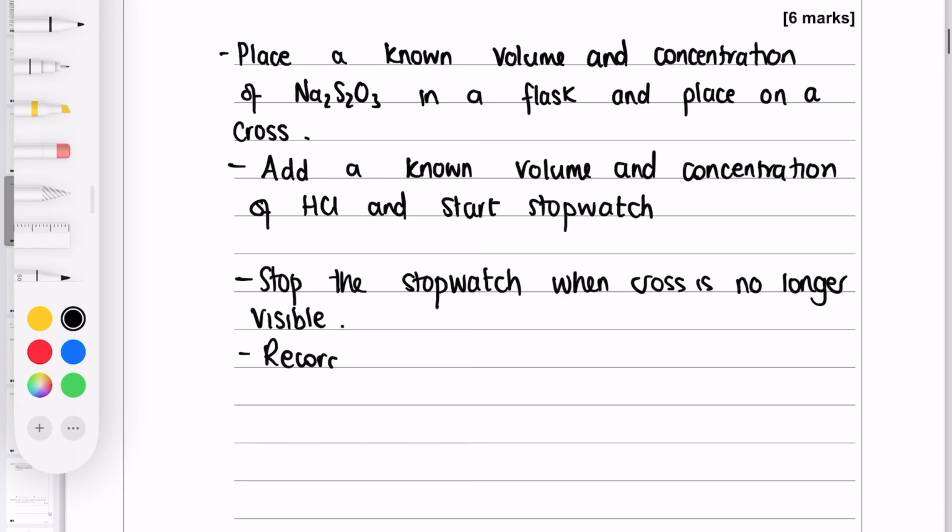Record the time taken for the cross to disappear. You will also need to record the temperature at which you have done this initial reaction.